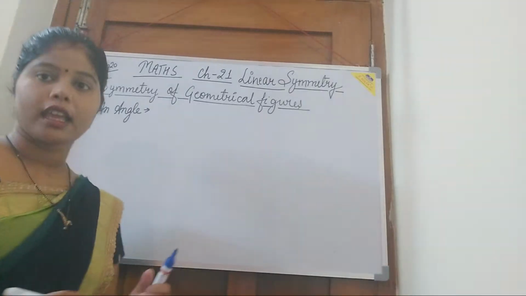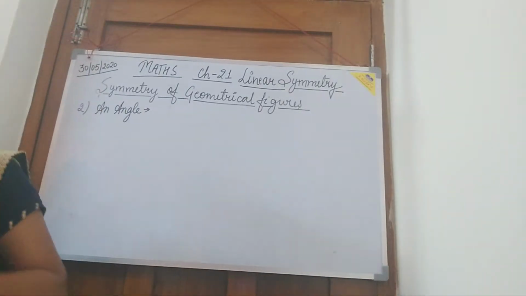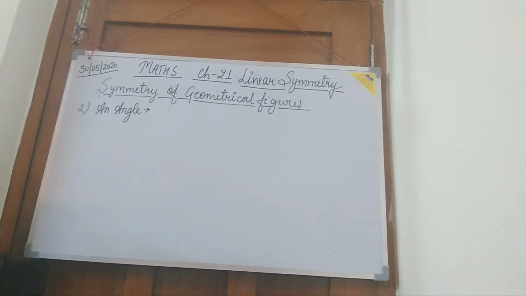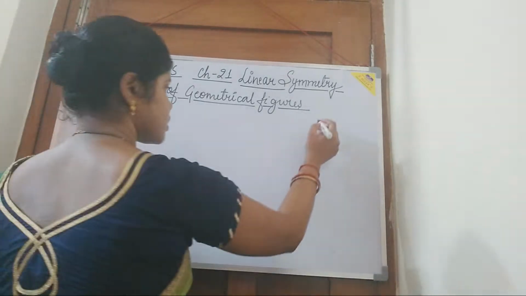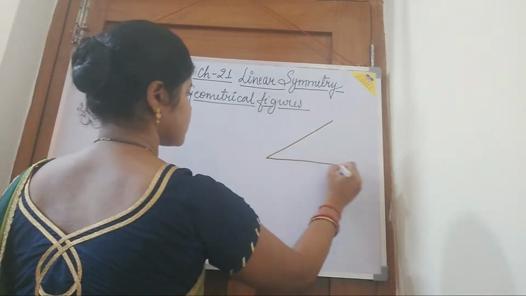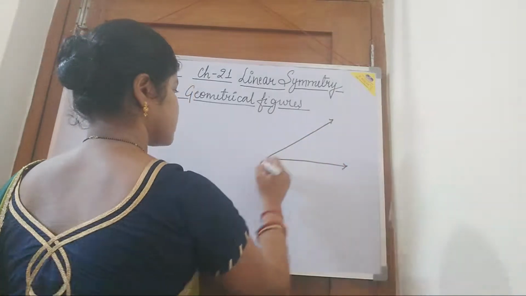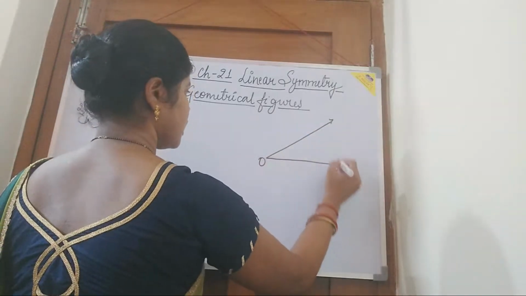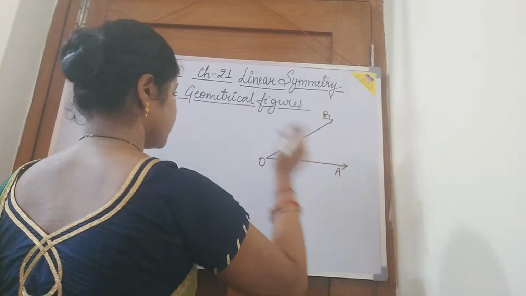So for an angle, how are we going to draw the angle? We'll draw an angle with two rays OA and OB.